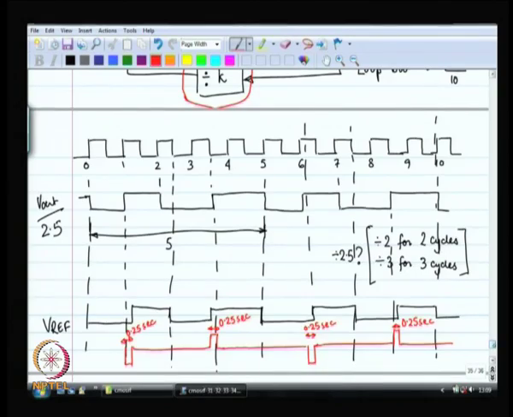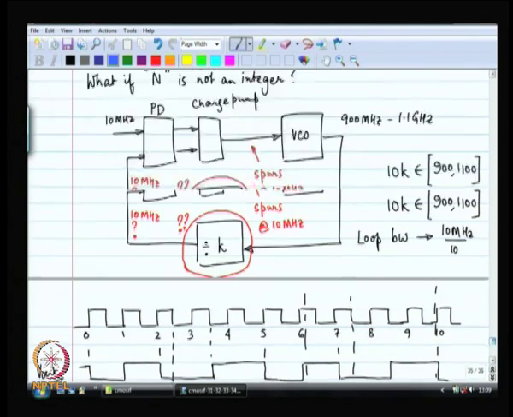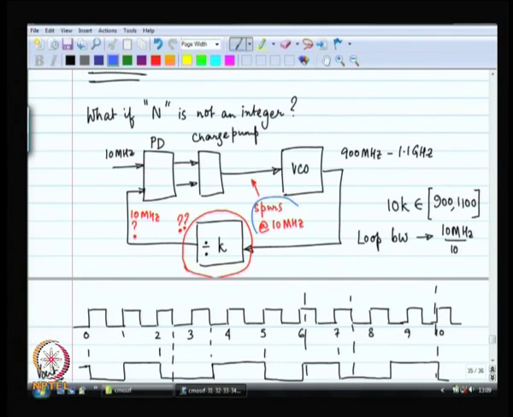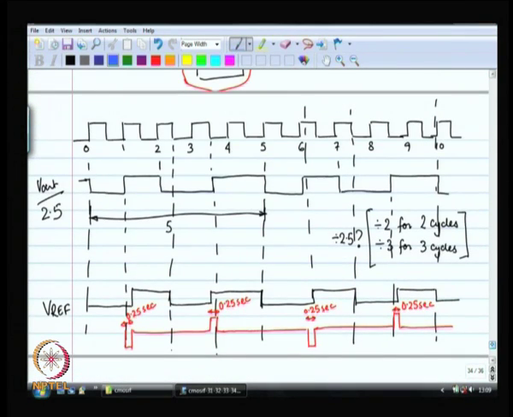Next question is, what does this mean as far as the spurs are concerned? We think that the spurs are going to be at the reference frequency, is that correct? The reference frequency is 1 by 2.5 hertz. Are the spurs coming at 1 by 2.5 hertz or at some other frequency? What is the periodicity in the phase detector output?